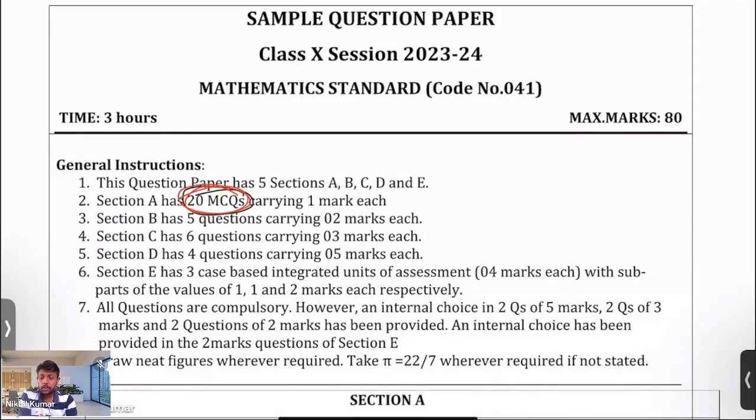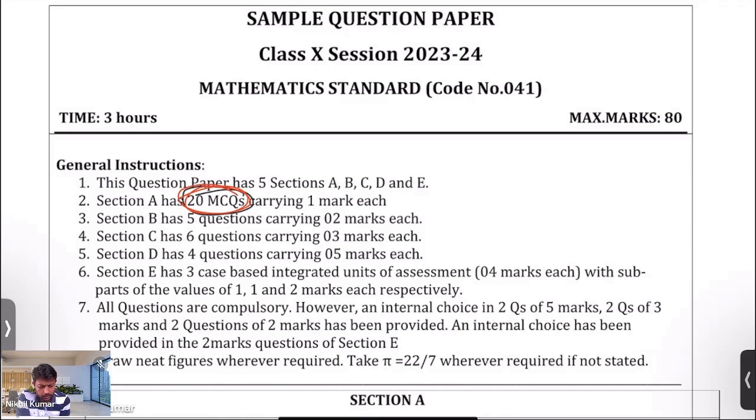Some of the questions will take a little bit more time, while for others you'll just look at the question and mark the answer right away. It would be so easy. But overall, these 20 questions are going to take up a little bit of your time.